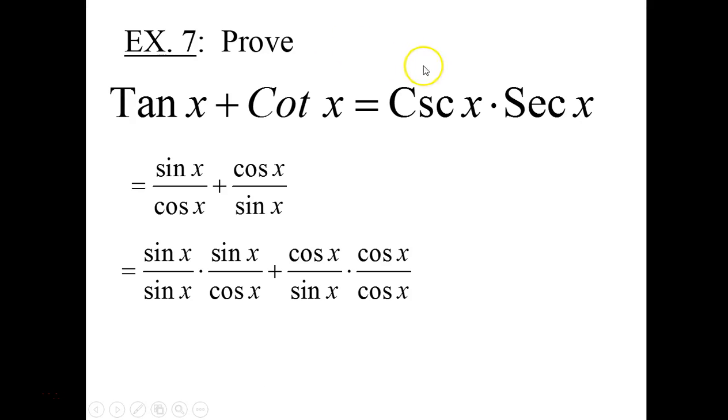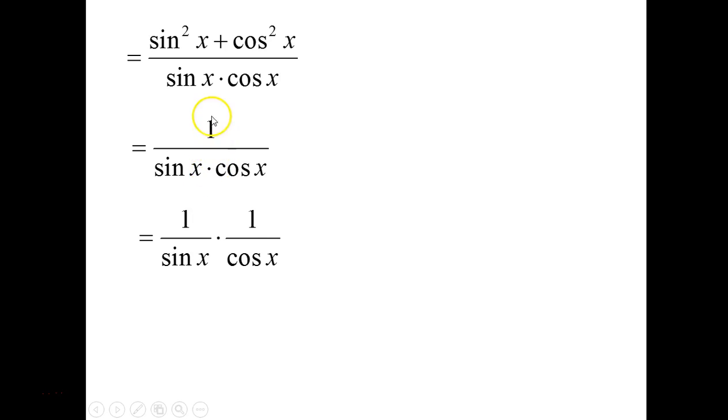I wanted to make it cosecant times secant, and that's not what I've got. Well, let's separate this. This is multiplication, so I can take 1 over sine times cosine and write it as 1 over sine times 1 over cosine. 1 over sine being the reciprocal identity for cosecant, and 1 over cosine being the reciprocal identity for secant, which is what we're trying to prove.